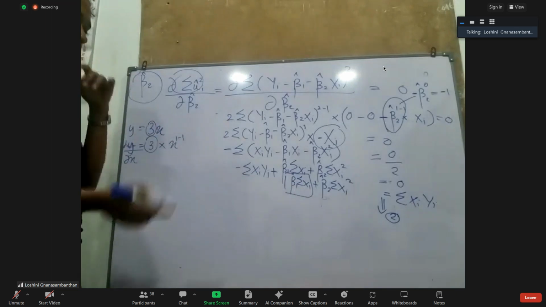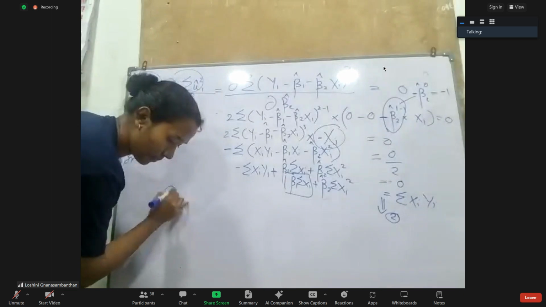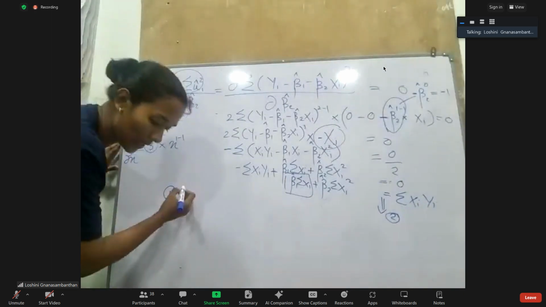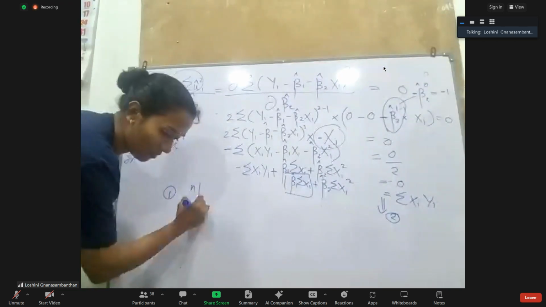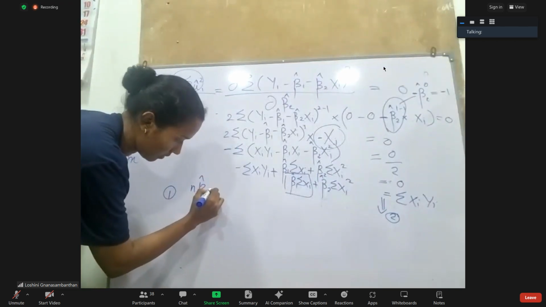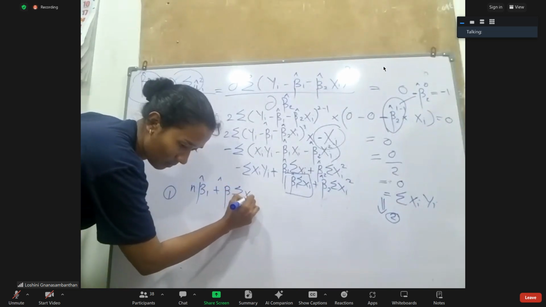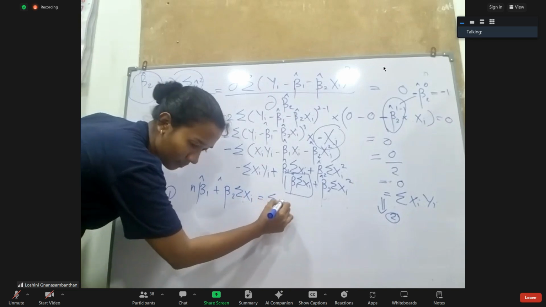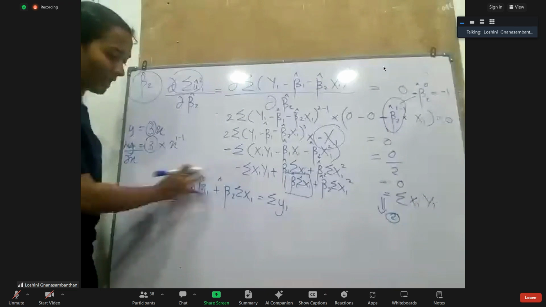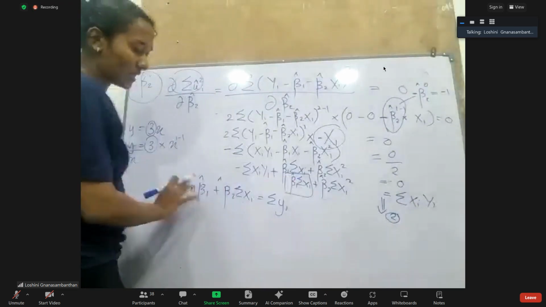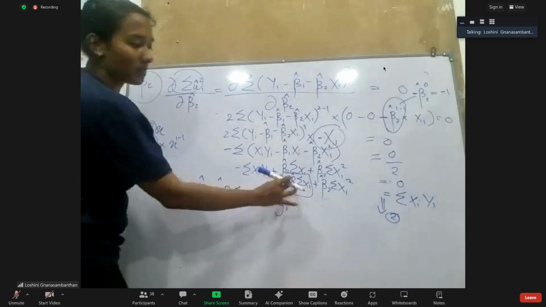Okay, by how in the first equation is like n. So if you want to make this like this, what is missing in this one comparing to this one? What is missing here? This sigma x.